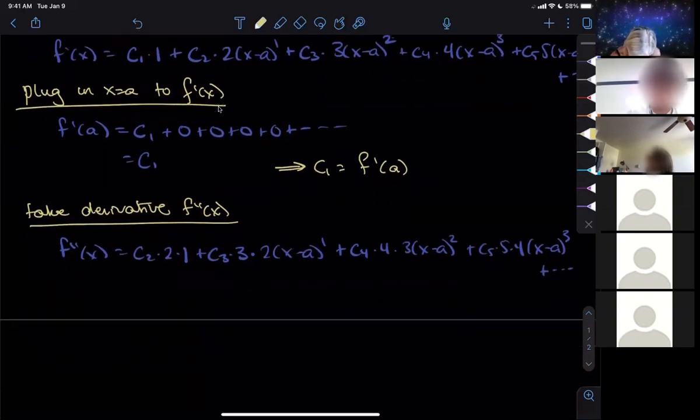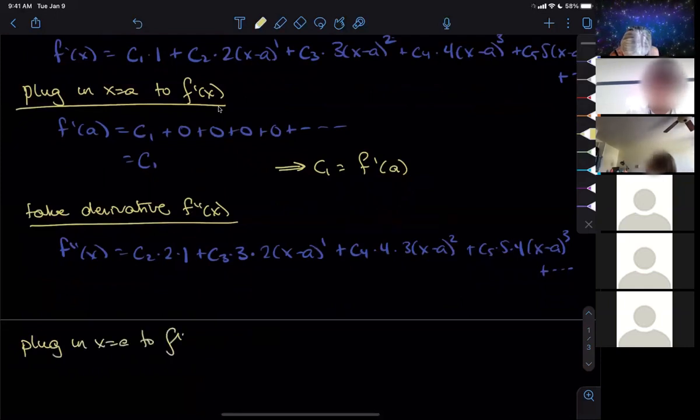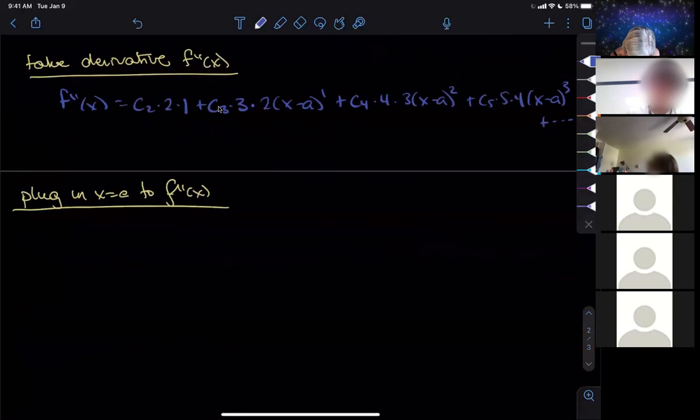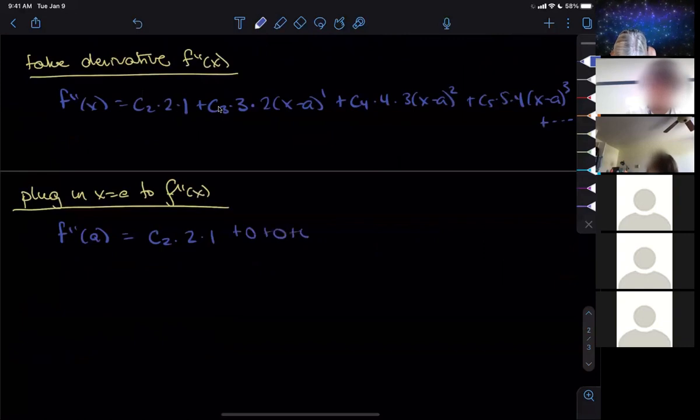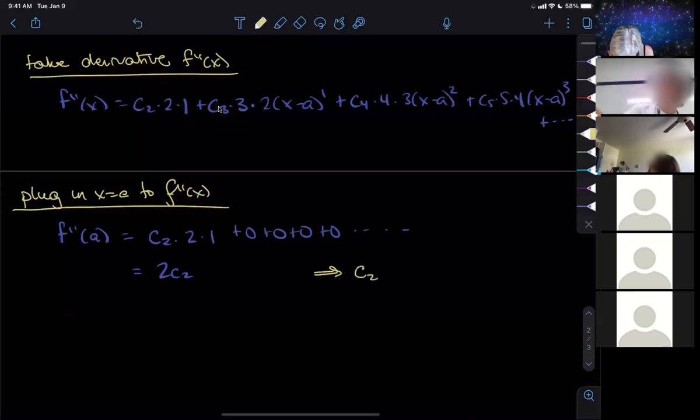So let's plug in x equals a now to f double prime. Okay, here's f double prime. So f double prime of a is c2 times 2 times 1, I guess we could say, plus everybody else is 0. So that's just going to be 2c2. So, okay, c2 isn't f prime of a, but it's close. c2 is f double prime of a divided by 2.